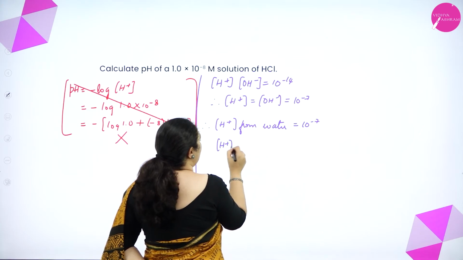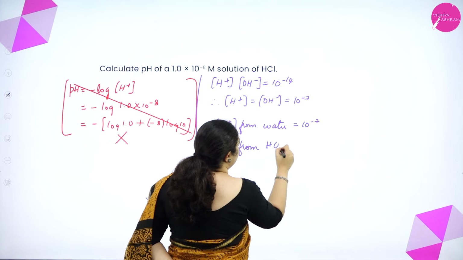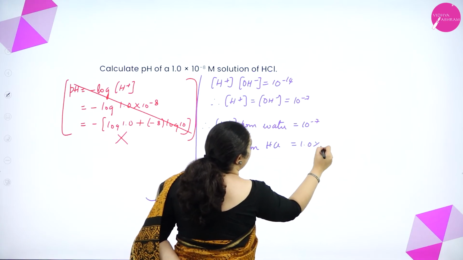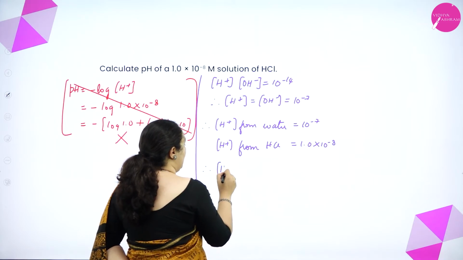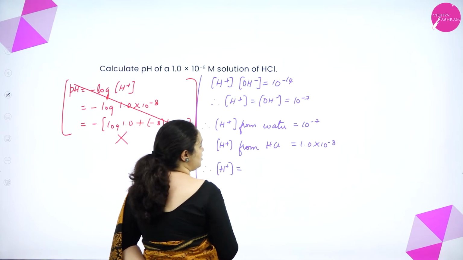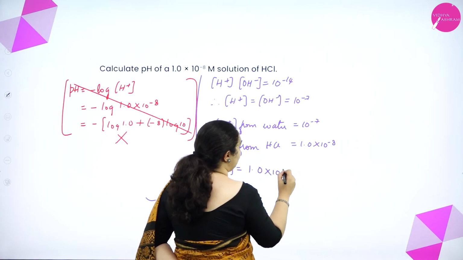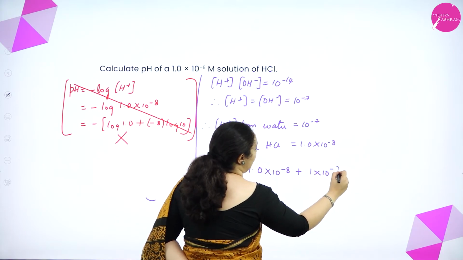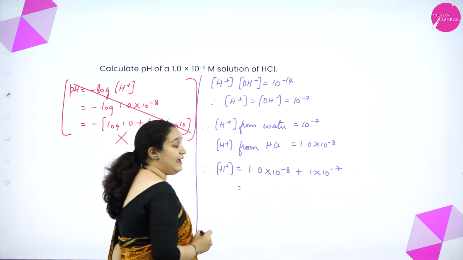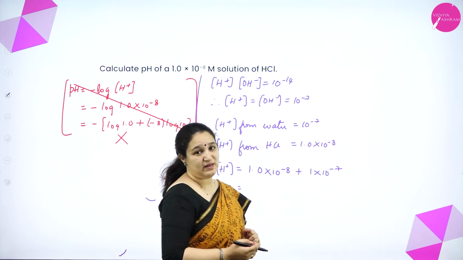H plus ion concentration from HCl is given as 1.0 into 10 to the power minus 8. Therefore, H plus ion concentration is equal to, I have to add these two. So, 1.0 into 10 to the power minus 8 plus 1 into 10 to the power minus 7. Now, I have to take something common out. Here 10 power minus 8, here 10 power minus 7 is there.